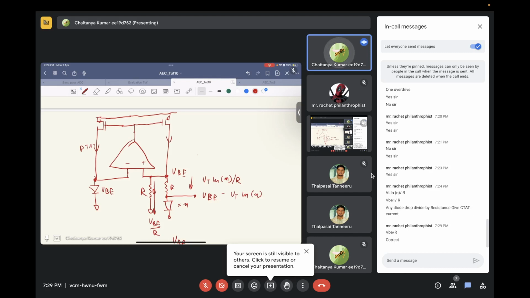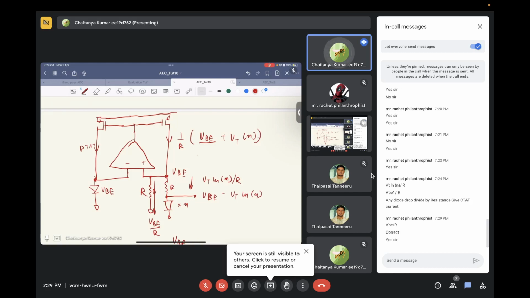Okay. So what will be this current? 1 by R times VBE plus VT ln N. Correct? You understand? So here we have added CTAT and PTAT current.